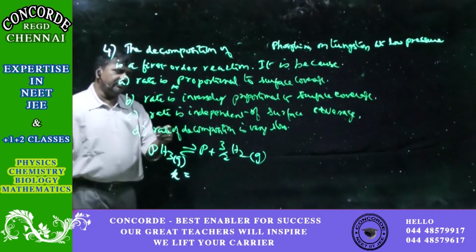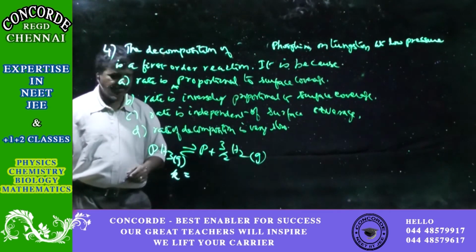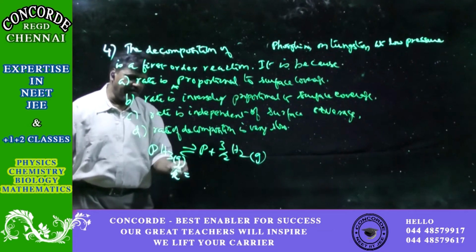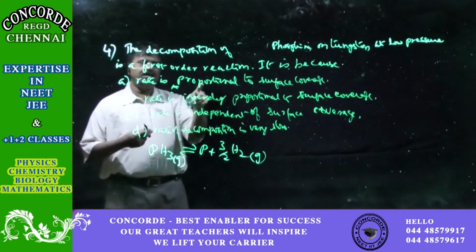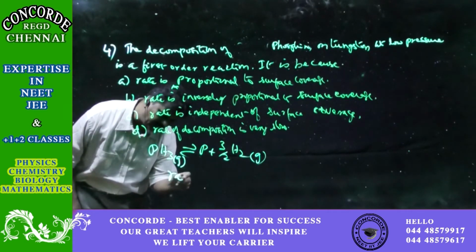So this depends upon the concentration. Instead of K, we will work out the rate. Let us see the rate of the reaction, because they have actually asked only for the rate. So we will use the formula for rate.